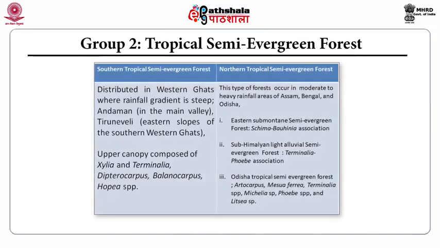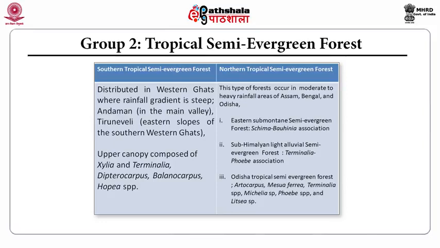So, we are comparing the tropical semi-evergreen forests, the southern type and the northern type. The southern type is found in the Western Ghats, where the upper canopy is composed of Terminalia, Dipterocarpus, Balanocarpus and Hopea. The northern tropical semi-evergreen forests are found in high rainfall areas of Assam, Bengal and Odisha.